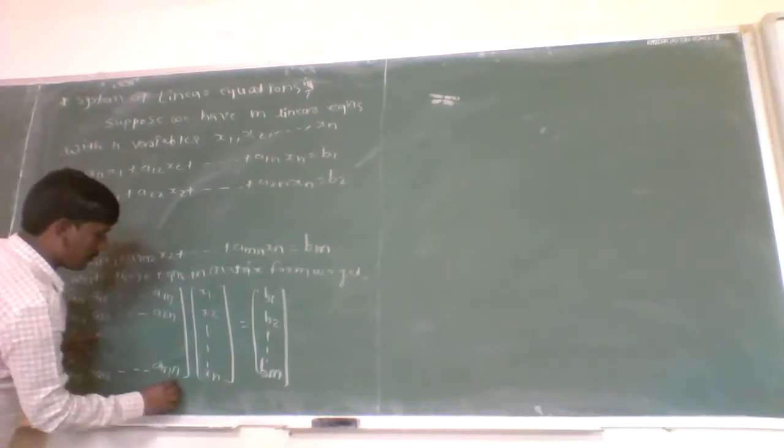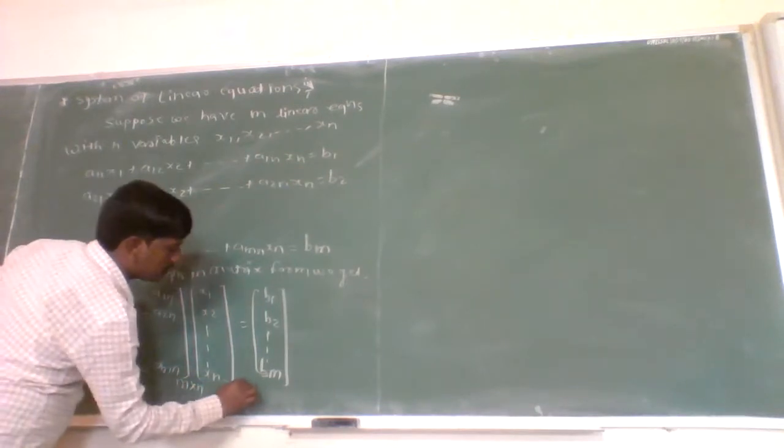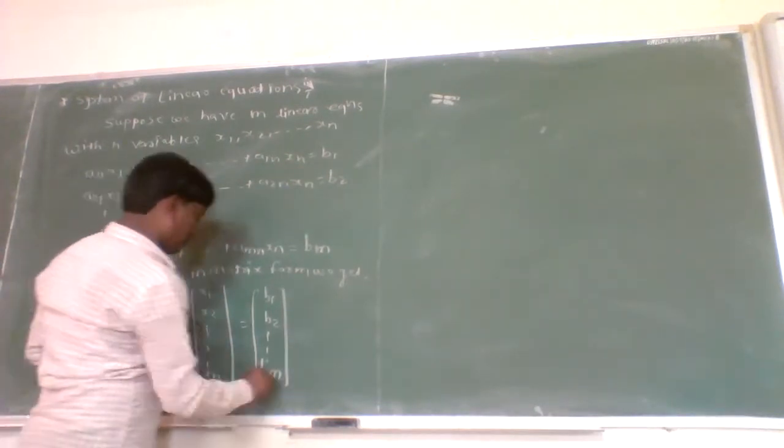This matrix is of order m cross n. This is a matrix of order n cross 1, and this is a matrix of order m cross 1.